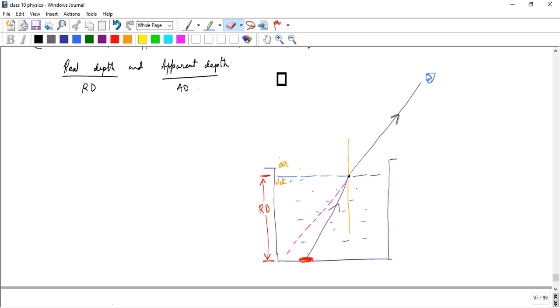Someone sees the object at the top point. Consider the top view, where light travels in a straight path without bending.